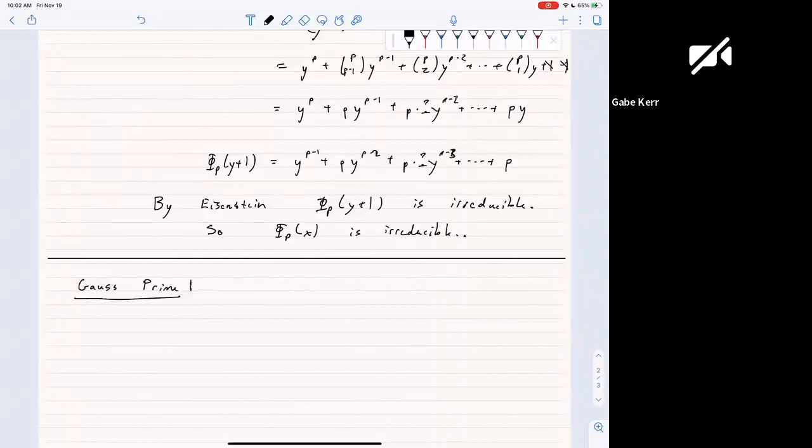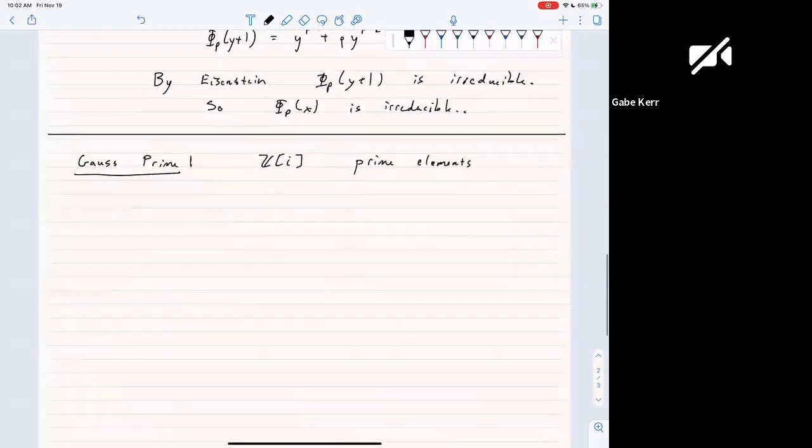Let's talk about Gauss primes. So we want to look here at Z[i]. We want to know about prime numbers here: Gauss primes, prime elements. You might say, that's boring, I don't care about Gauss primes. And I'll say, okay, maybe, probably right. Because you know about primes, right? There are some new prime elements, big deal.